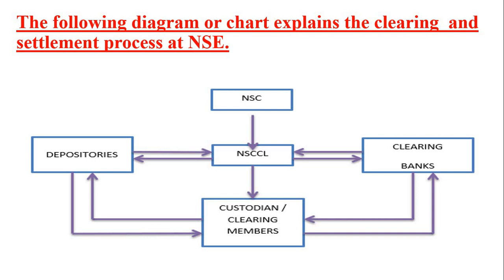Step number 4 is instructions to clearing banks to make funds available by pay in time. NSCCL clearly instructs the clearing banks to make funds available by pay in time.